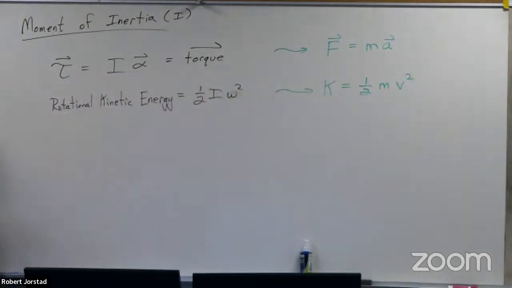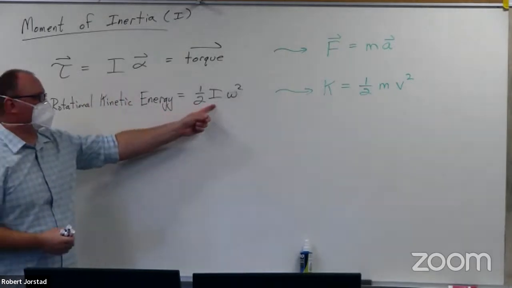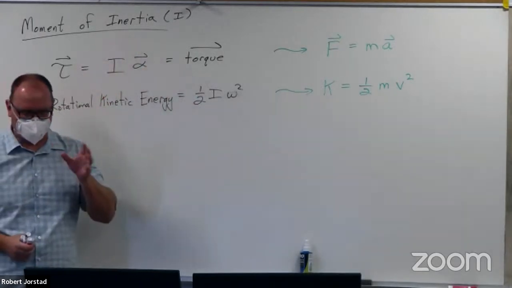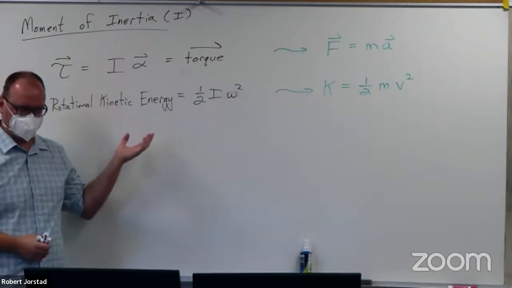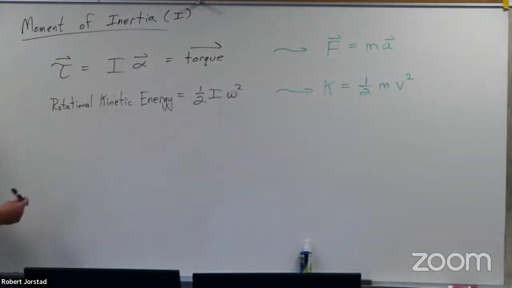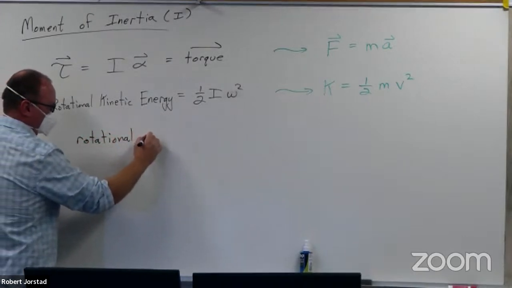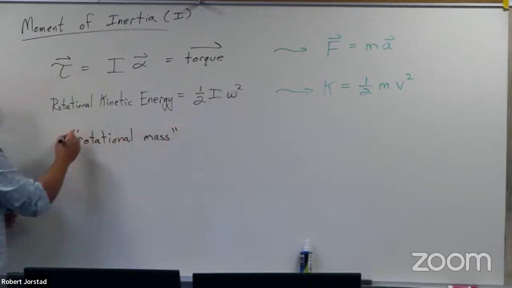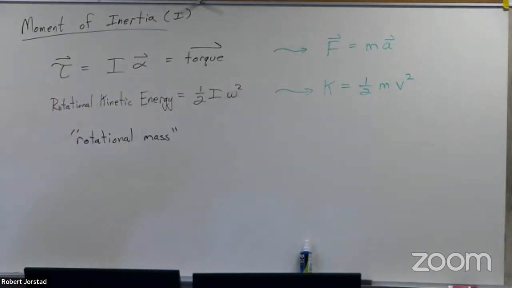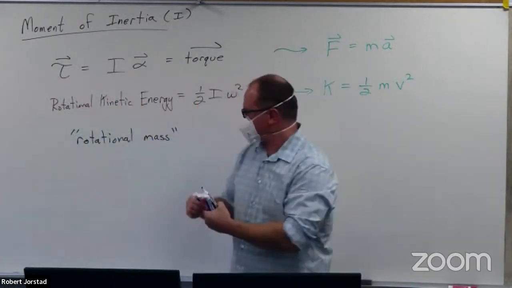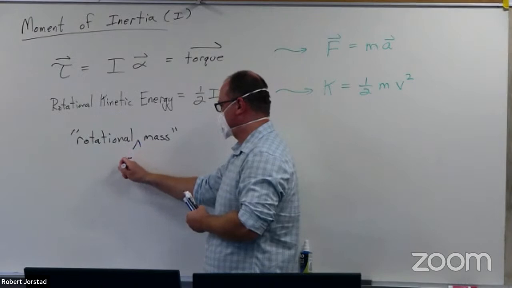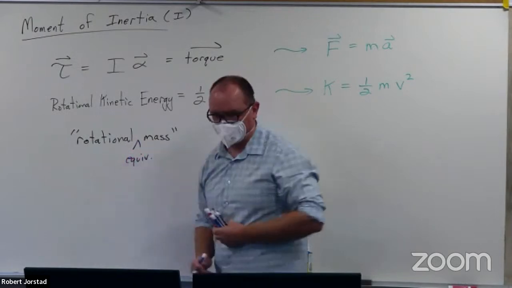And I want you to notice, basically, I, or moment of inertia, is the rotational equivalent of mass. Now, you're not always going to hear this, but sometimes you'll even hear me say rotational mass. That's not a physics term, it's not an engineering term, but sometimes, if it helps you to get a feel for it, it's the rotational equivalent of mass.